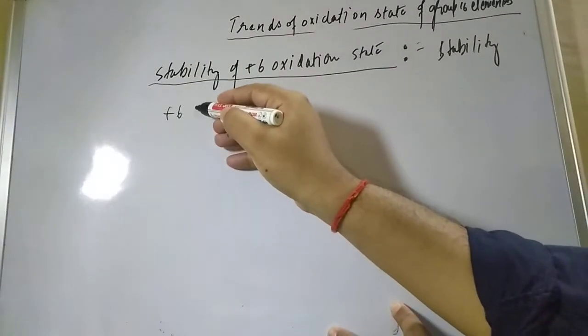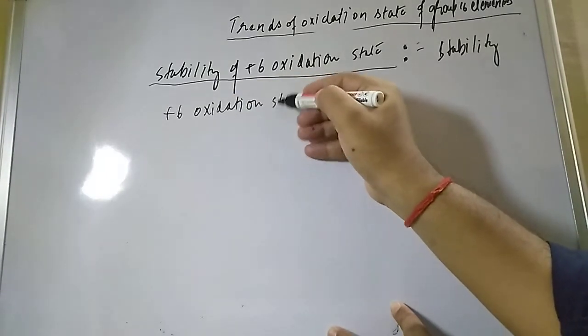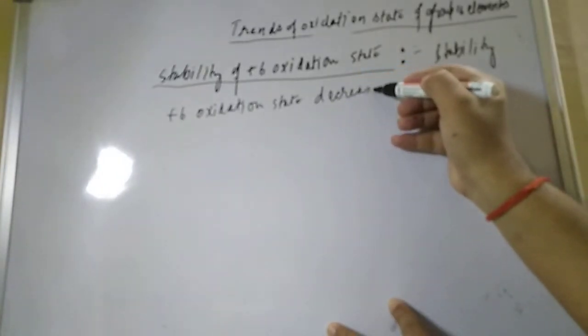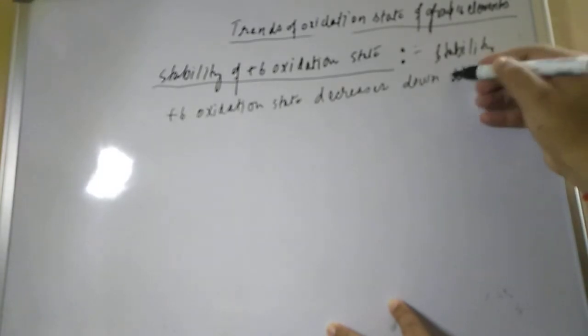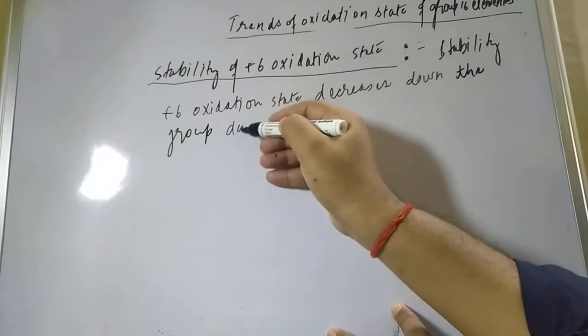The stability of plus 6 oxidation state decreases down the group. Why does it decrease, student, down the group? Due to inert pair effect.